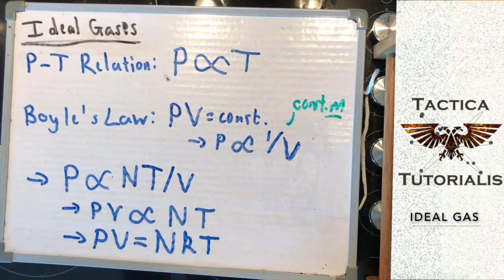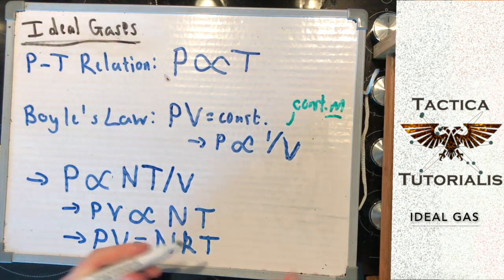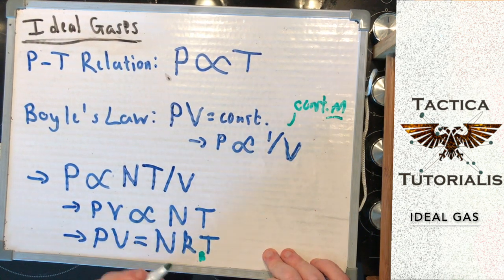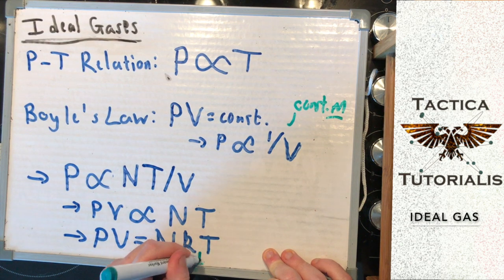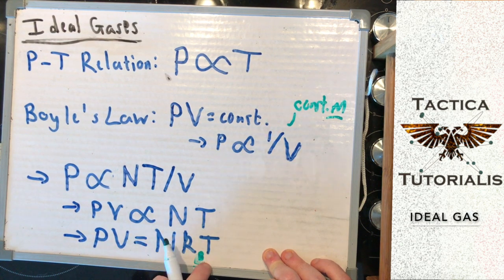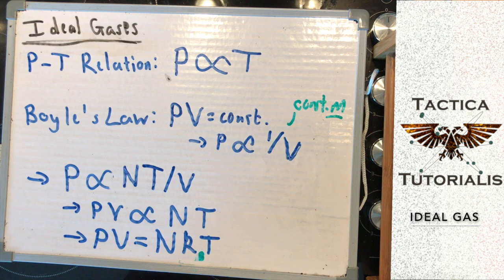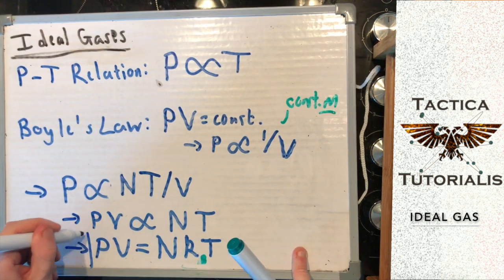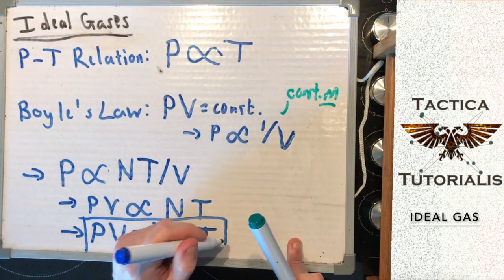Now, I personally prefer to write k as k subscript capital B. You don't have to, but I prefer writing kB rather than k, because that is Boltzmann's constant. It is a very important gas-based constant, and that right there is the ideal gas equation.